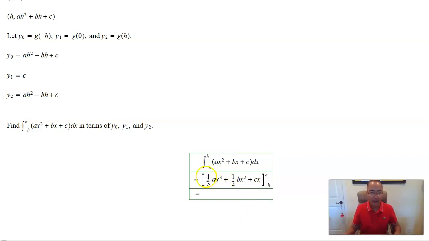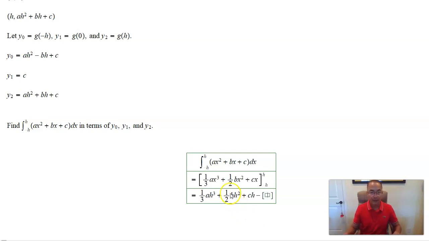Great. So plug in h into x. That will turn into h cubed, h squared, and h. Subtract. Plug in negative h in here. So think about even and odd powers. Negative h cubed, the negative goes out. Negative h quantity squared, the negative goes away.